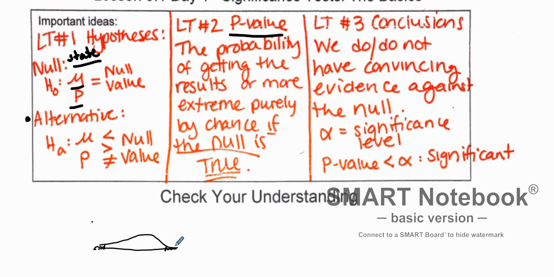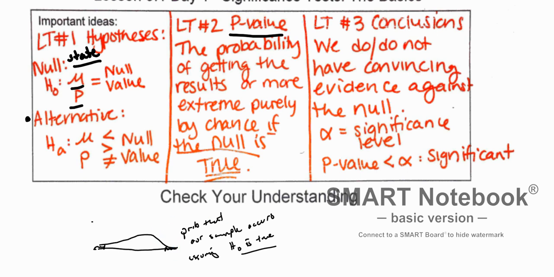So we want to see what's the probability that our sample occurs, based on assuming the null is true. We're always going to assume the null is true. So assuming the null is true, what is the probability of this occurring?